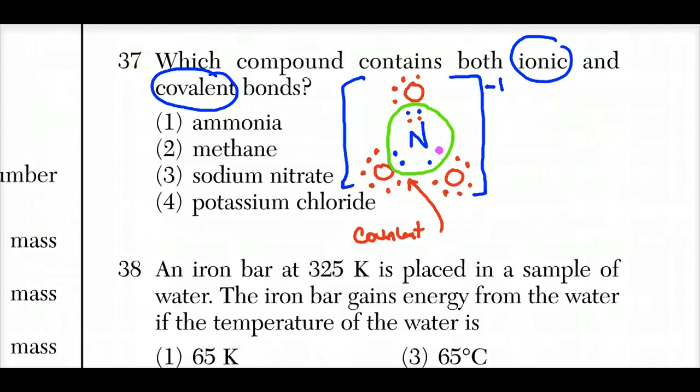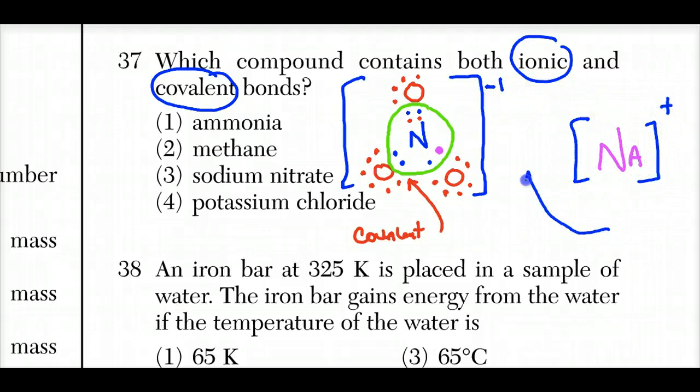Let's pretend that that magenta electron that I drew came from a sodium, that was its valence that migrated over. And if sodium lost that valence, or was just positive to begin with, the attraction between the positive ion and negative ion is your ionic bond.